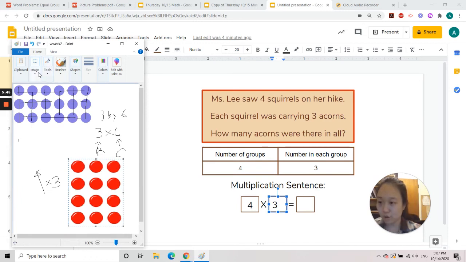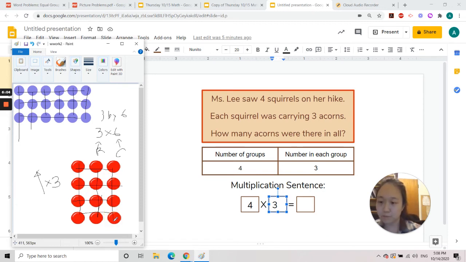There are 4 rows, and then there are 3 columns. There's 1, 2, 3, 4, and then there's 3 columns, 1, 2, 3.